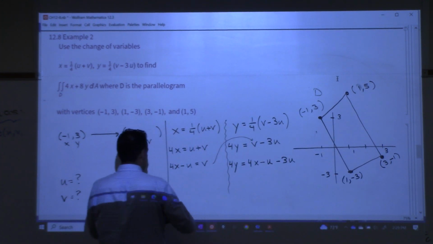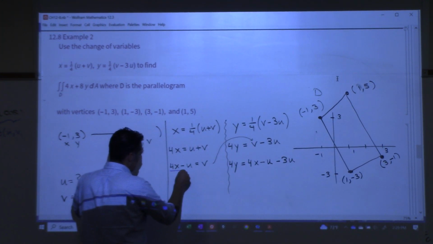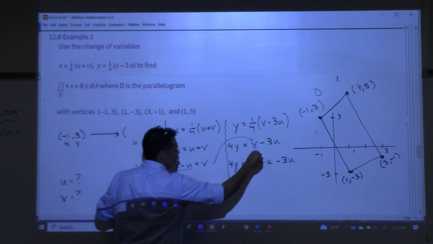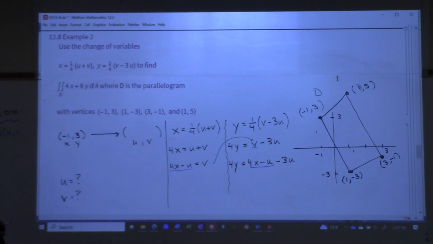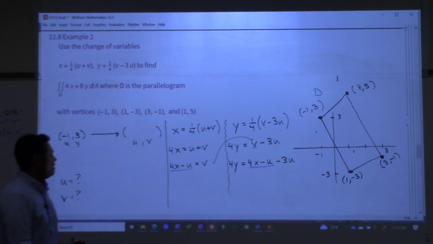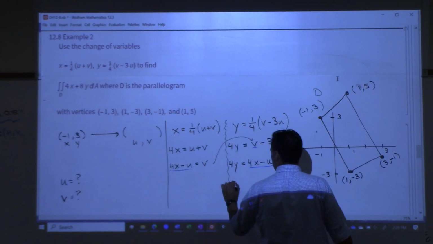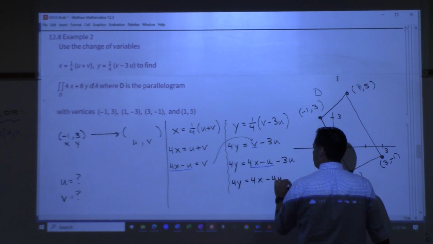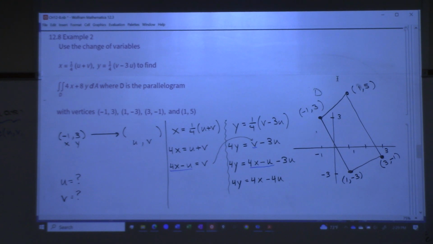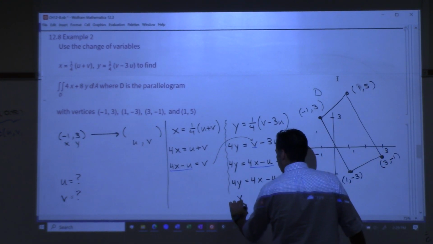Right, that's me just taking this right there and replacing it right there. Now, I can say 4y equals 4x minus 4u. Yeah, let's get rid of the 4's. Divide by 4 is fine.